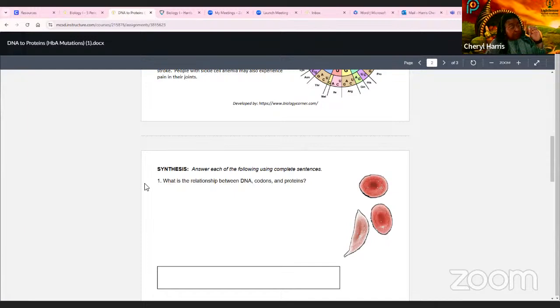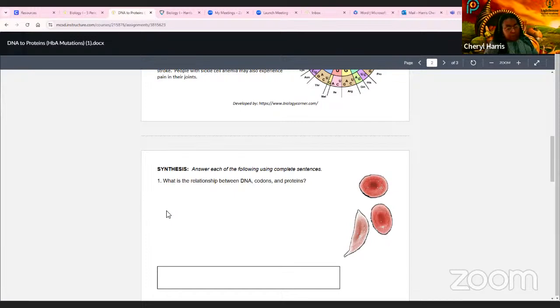So the DNA is read or transcribed by the messenger RNA. Then the messenger RNA goes to the ribosome where it is read 3 bases at a time, which is your codon. And those 3 bases make up an amino acid, which makes up the protein being coded for. Okay, so you kind of have to say all that, so that you fully understand it's a process.